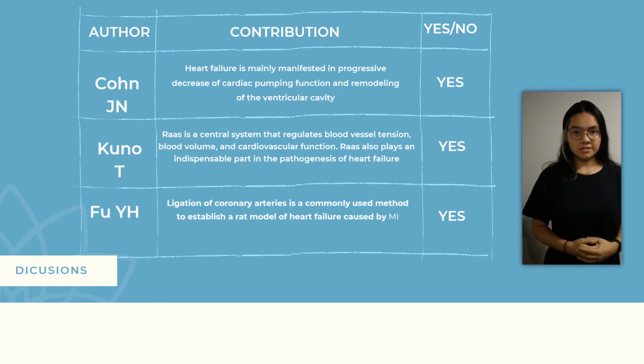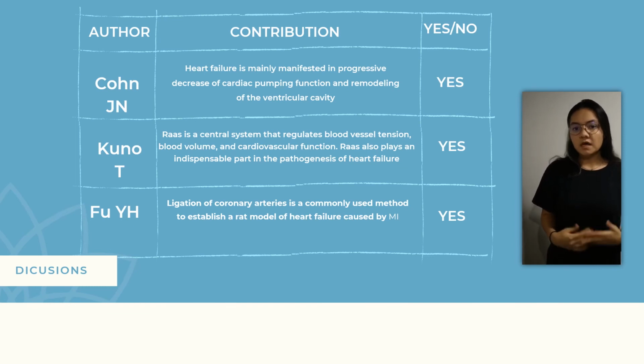Discussions. Congestive heart failure is mainly manifested in a progressive decrease of cardiac pumping function and remodeling of the ventricular cavity. Yes, agree. Qu T says that renin-angiotensin-aldosterone is a central system that regulates blood vessel tension, blood volume, and cardiovascular function.